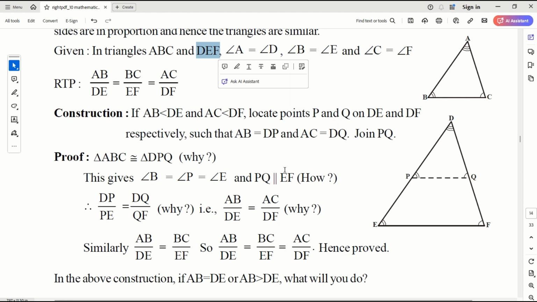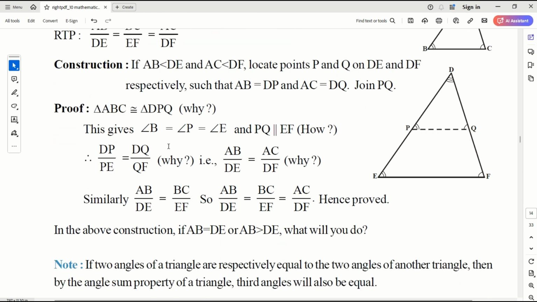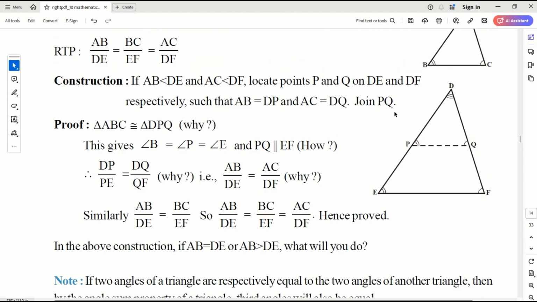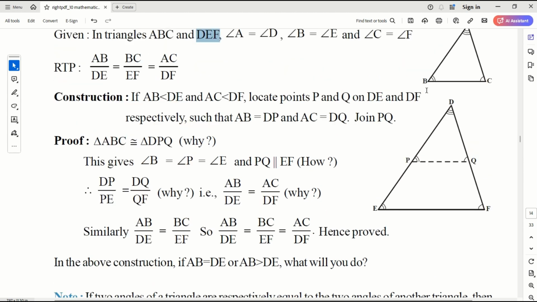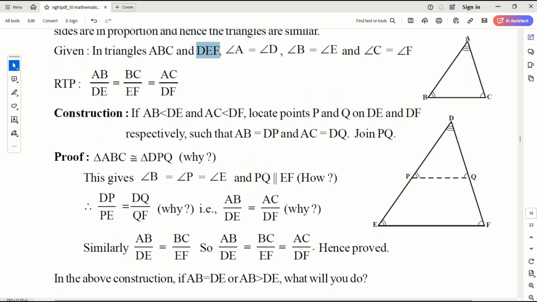Now angle B is equal to angle P, which is equal to angle E. Why? I have put this triangle as is on top, because these are congruent triangles now. DPQ is congruent to ABC. All the sides will be exactly the same and all the angles will be the same.